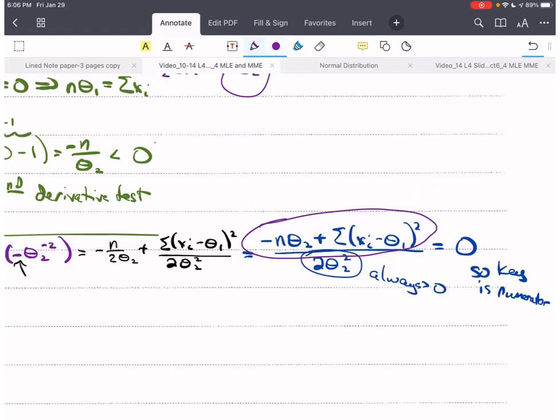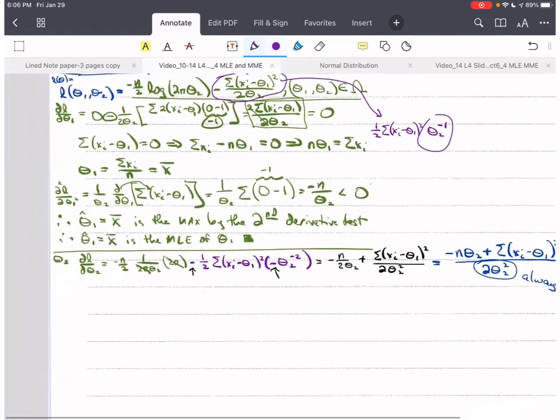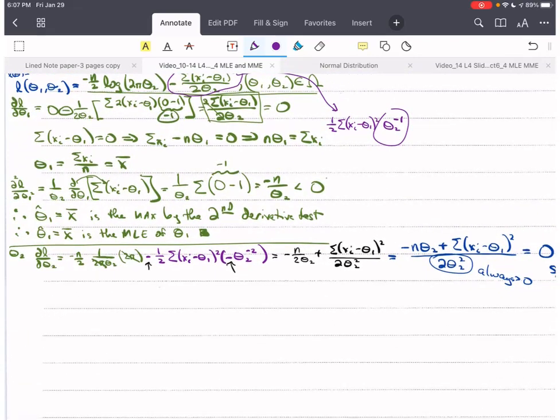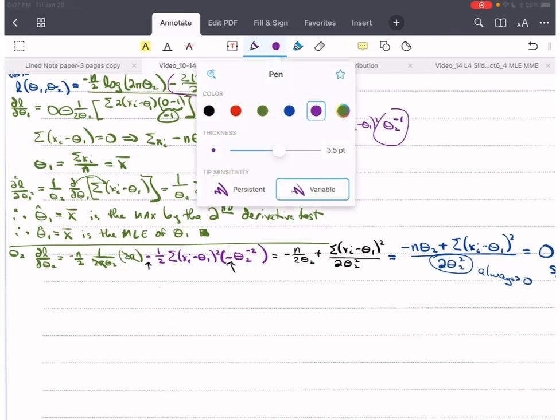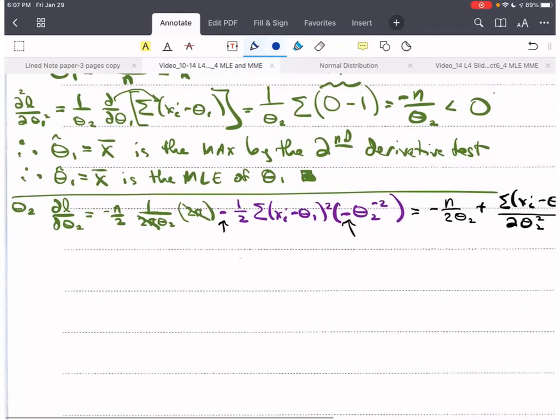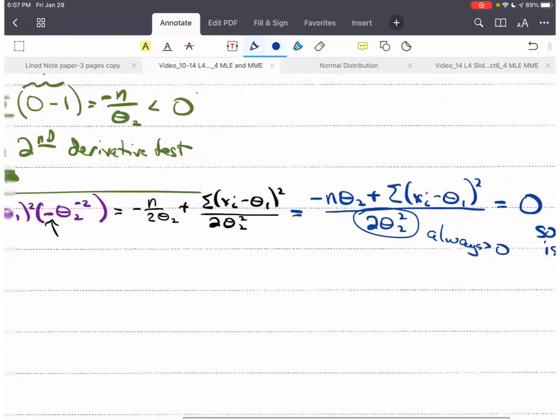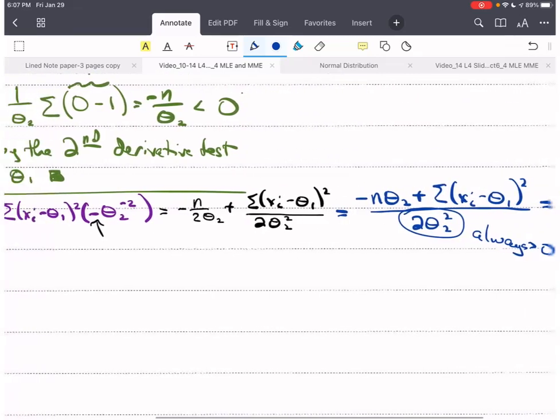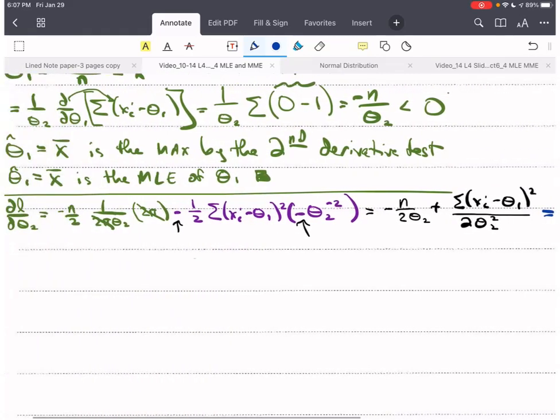Okay, so let's clean this up. So then I need my numerator, the sum of xi minus theta 1 squared minus n theta 2 equals 0.